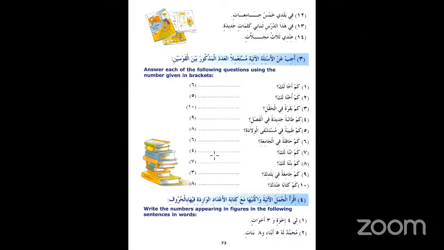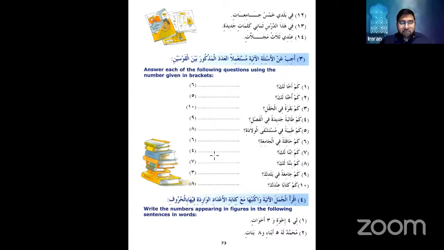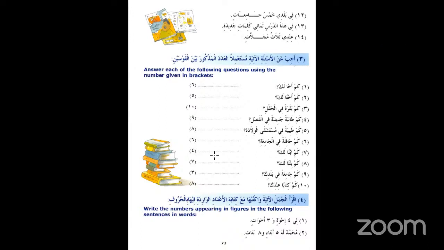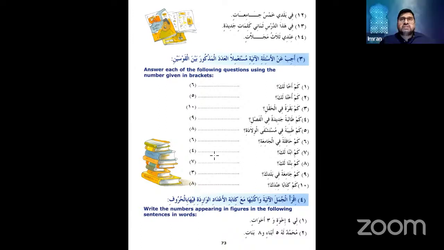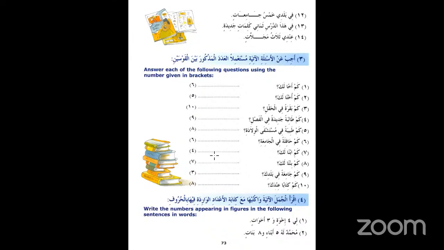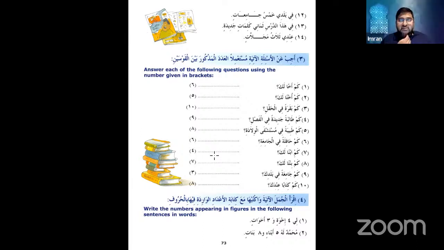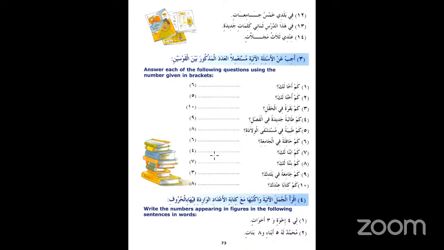I have 6 brothers. Li sittatun, without the tanween at the end. Sittatu. But brothers is masculine, so won't you use a feminine form? Sittatu is correct. Sittu is masculine and sittatu is feminine. Okay. Li sittatu akhawatin.